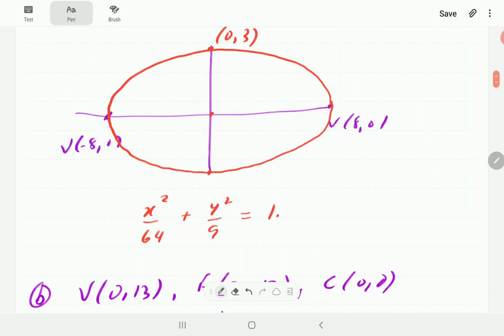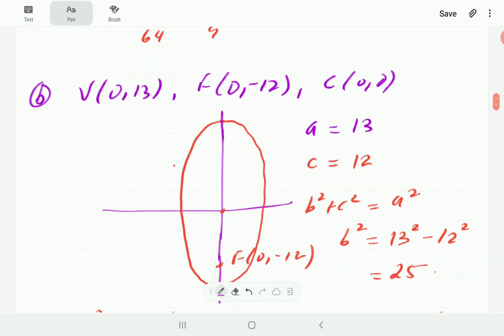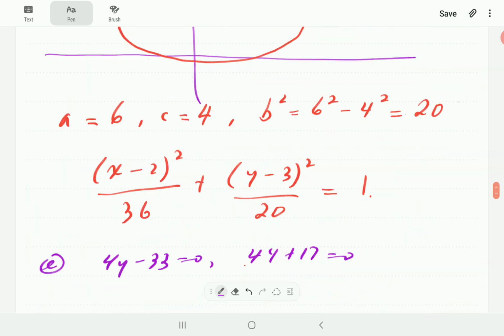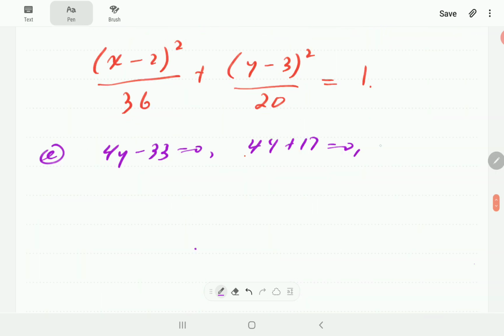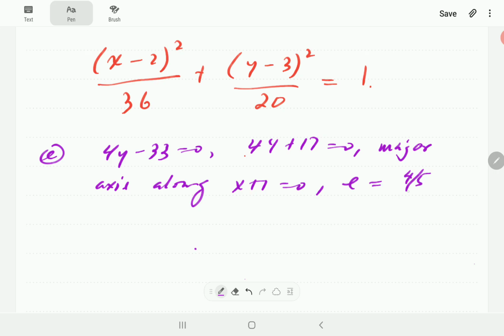We're also told that the major axis is along x plus 1 equals 0, and the eccentricity is 4 over 5.